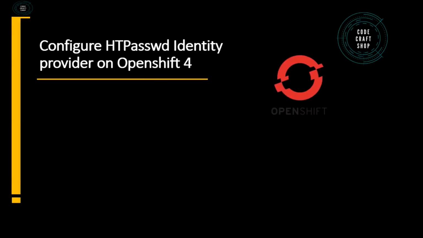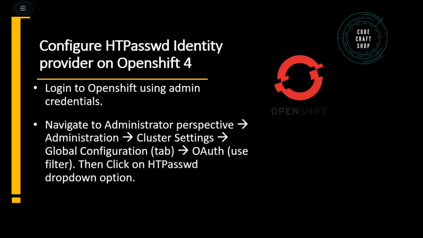So we will configure the htpasswd identity provider on OpenShift 4. For that we need to log into the OpenShift cluster using admin credentials, and then navigate to the administrator perspective. There is an administration menu option, and in that we will find the option cluster settings, and then there is a global configuration tab.